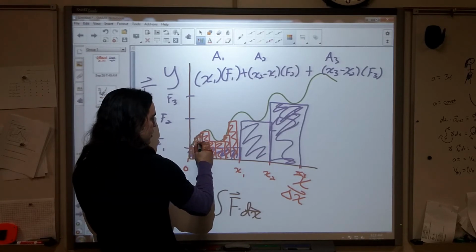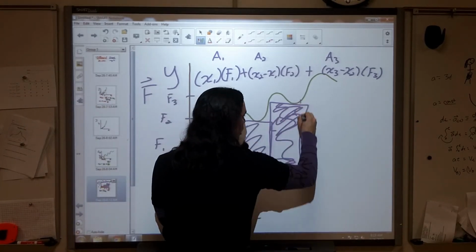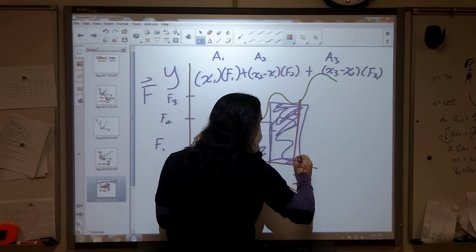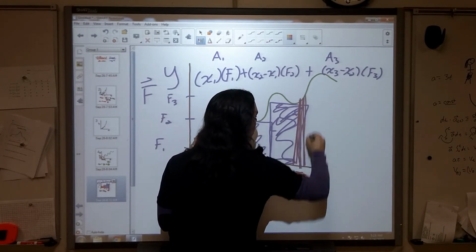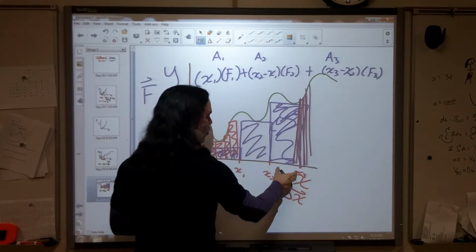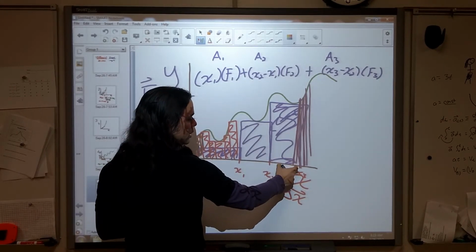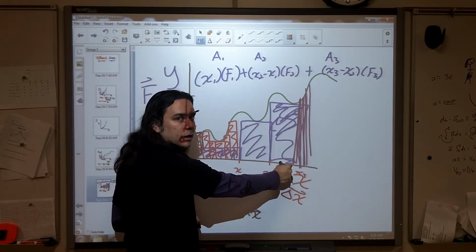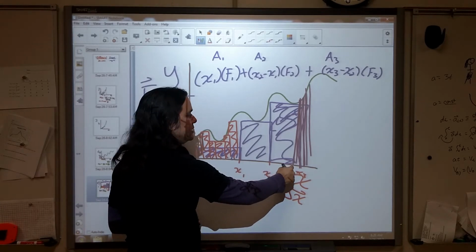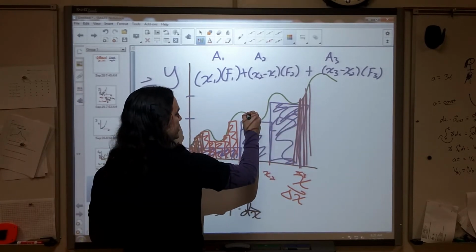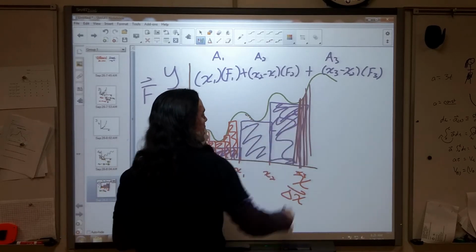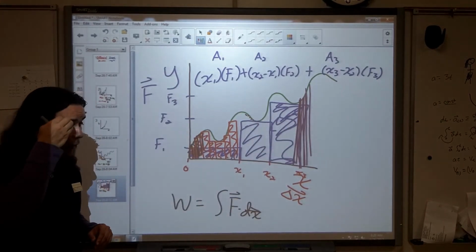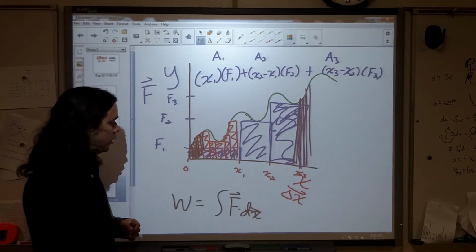What if I make these rectangles infinitely thin? It's basically a line. It would be a line that goes up and touches every single point along here and fills everything in. We would end up with our actual area under the curve.